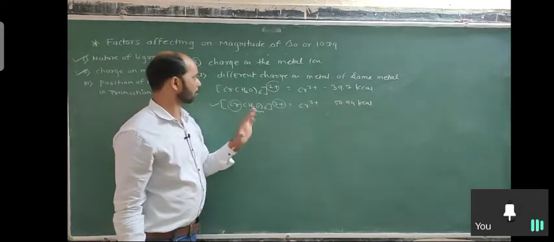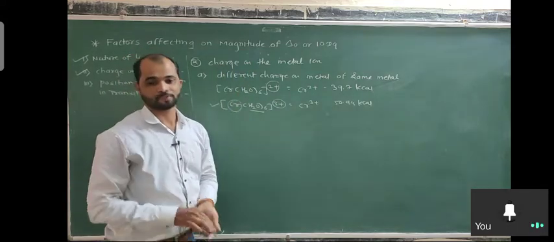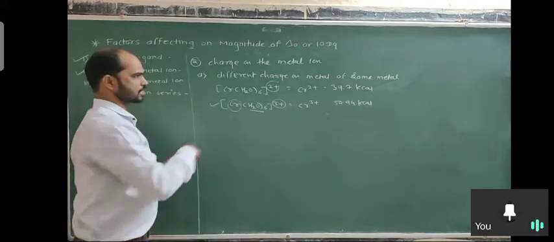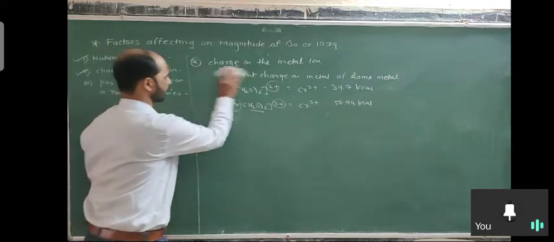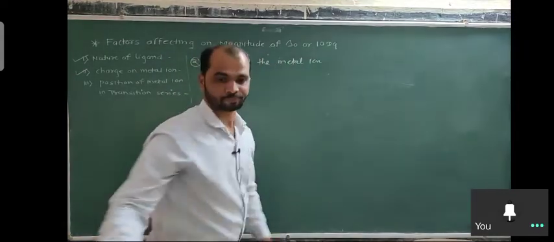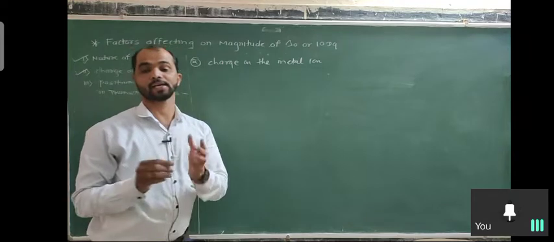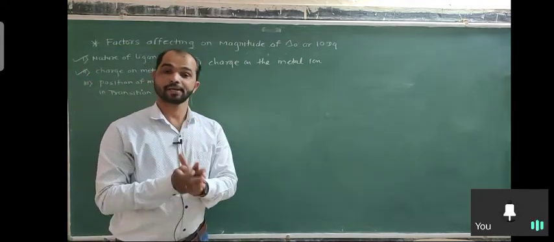So that is the first condition: the charge on the metal ion. In the first case we just discussed the metal ion is the same but charges are different. In the second case, there are different charges on the cations of different metals; charges are different and the metal is also different.